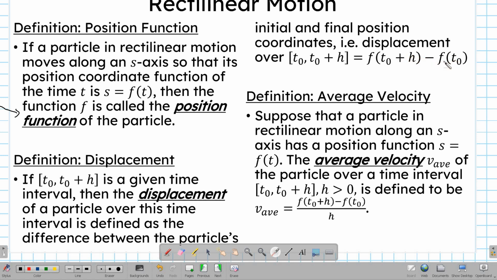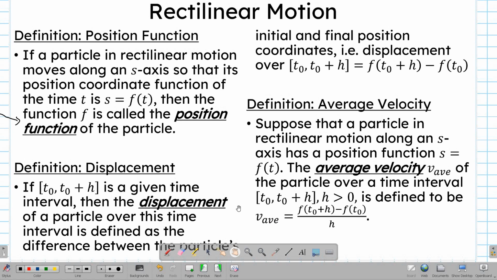This is also the definition of displacement in physics. It's just a bit more simplified, probably when you encountered physics during high school. But it's the same definition of displacement, not distance, but displacement.